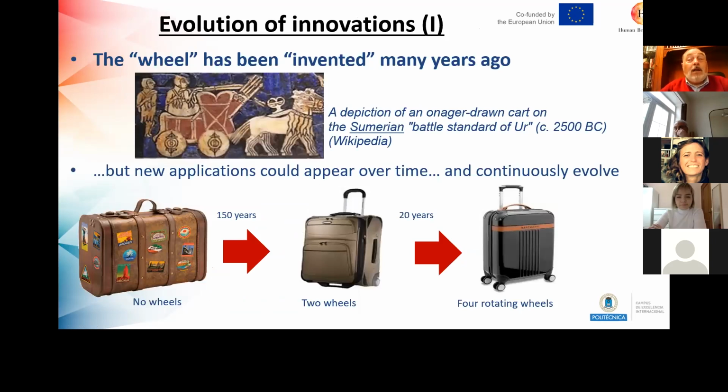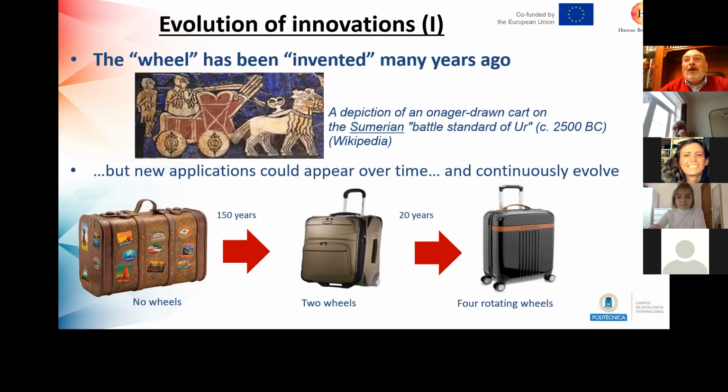Anyway, inventions could appear many years ago, but the innovation could have appeared hundreds of years later. I have put here one example where the wheel was invented many years ago.